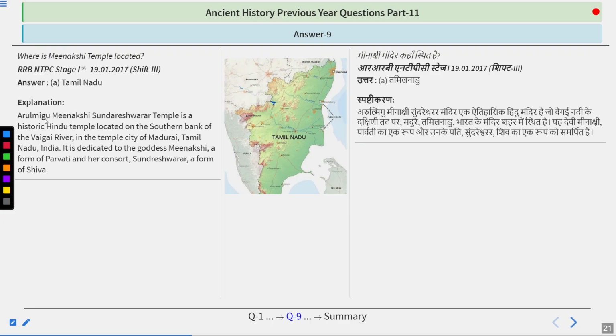So Arulmigu Meenakshi Sundareshwar Temple is a historic Hindu temple located on the southern bank of Vaigai River in the temple city of Madurai, Tamil Nadu, India. It is dedicated to goddess Meenakshi, a form of Parvati, and her consort Sundareshwar, a form of Shiva. So do remember that Arulmigu Meenakshi Sundareshwar Temple is a historic Hindu temple.